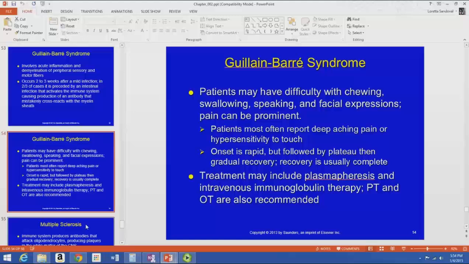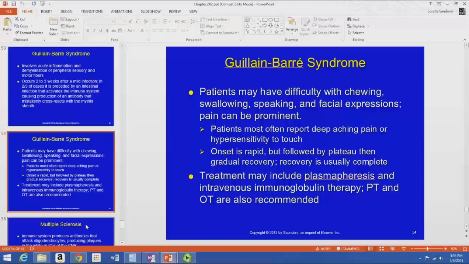They have a very rapid onset that is followed by a plateau and then gradual recovery. The good thing about GBS is that recovery is usually complete. It takes a long time, but it is complete. The thing that you have to avoid is that a very small percentage of people with GBS die because of respiratory complications.